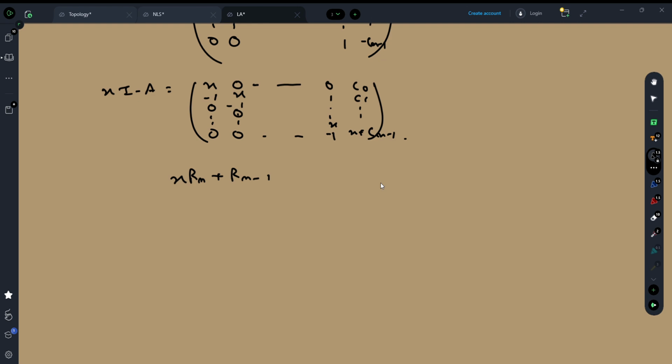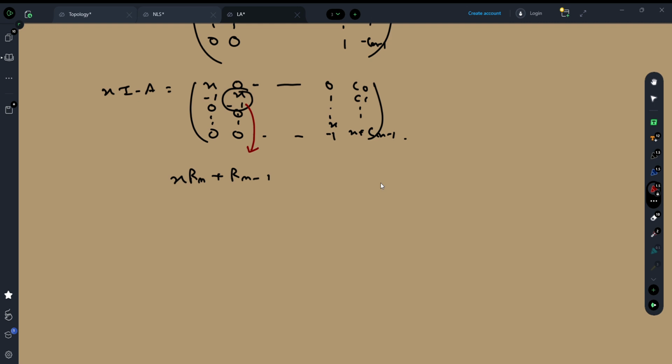Okay. What will this do? This will remove the x from n minus 1 comma n minus 1. Clear? So if you have a row n, then just below it you have minus 1, right? Suppose you choose this row.